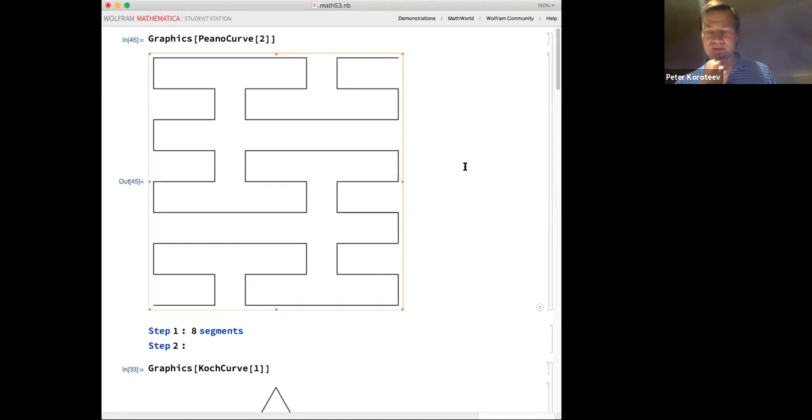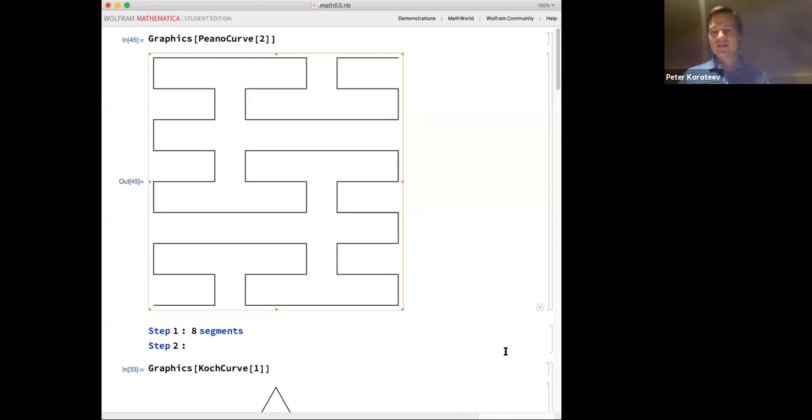So remember with the Koch curve, it was log 4 over log 3. So what is log 9 divided by log 3? What is that equal to?